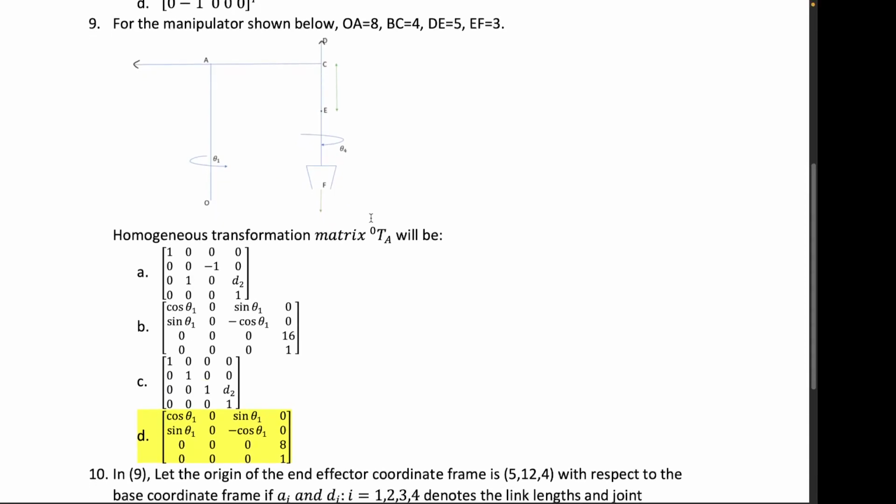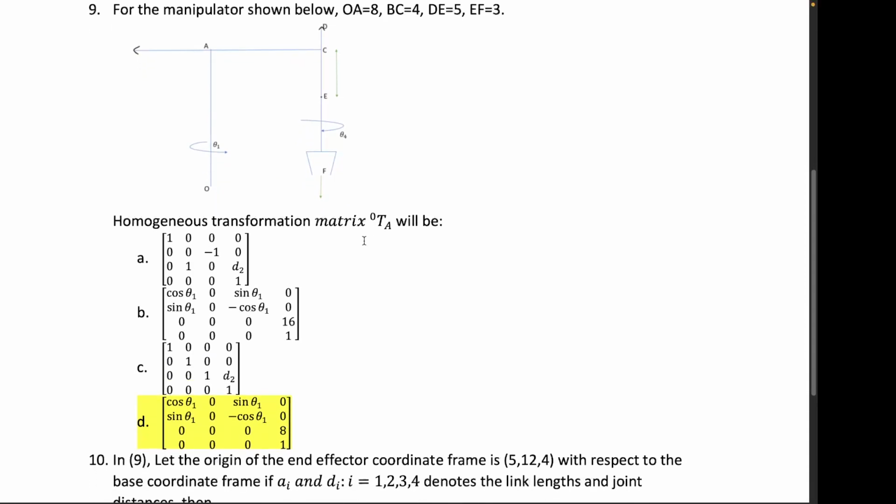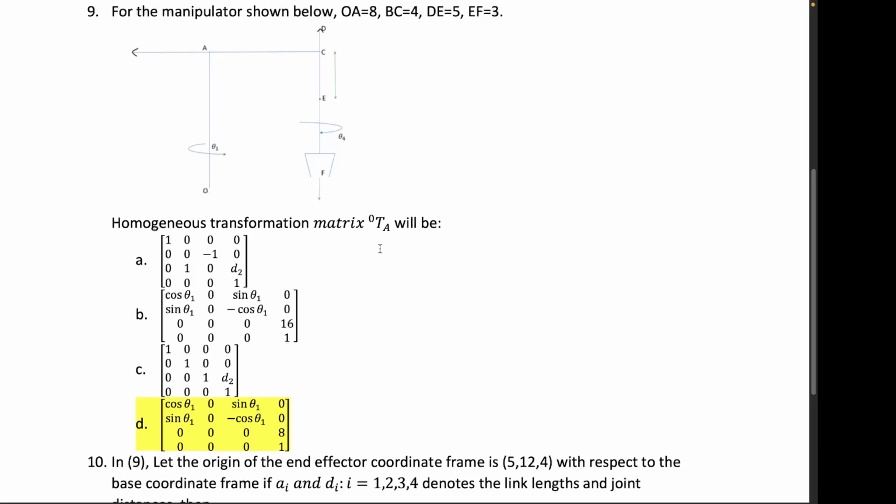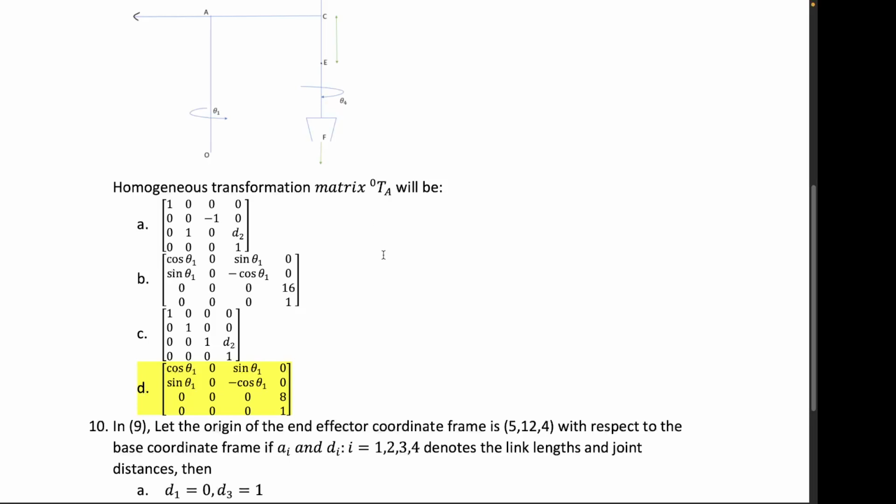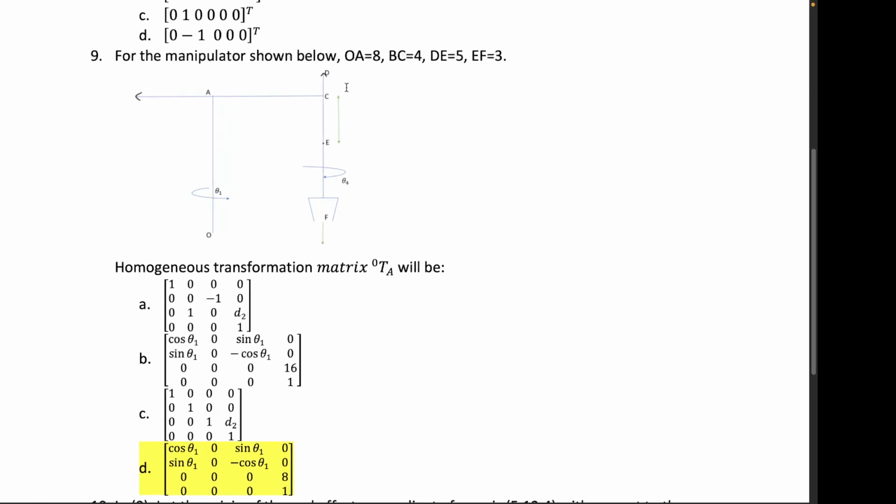We have to compute the homogeneous transformation matrix 0 to A. The approach in questions like these is to first identify the links and the joints, and then assign frames according to DH parameters. Find the DH parameter table, and then use the transformation matrix computation formula to compute the transformation matrix.